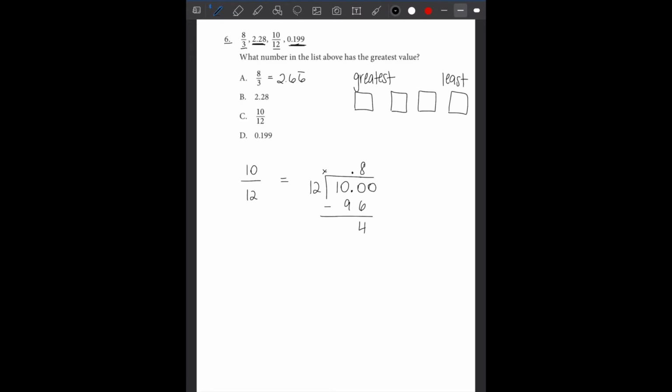We need to continue to see what else we can add up here next to the 8. So we add that 0 here, we bring that down. Can 12 go into 40? Yes. How many times? 3. So 3 times 12 is 36. We get a remainder of 4. And if we continue doing this, we're going to get 40 and 36. It's going to be repeating. So basically, this is our answer for 10/12, it's going to be 0.83 with that 3 repeating.